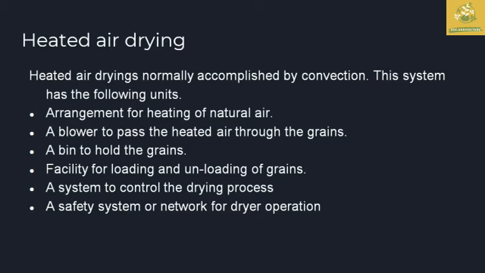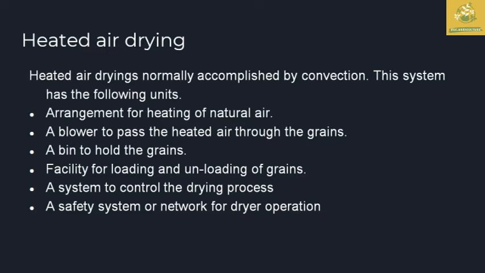The first one is heat air drying, which is normally accomplished by a convection process. These are the units used for heat air drying. An arrangement for heating natural air is needed, and a blower passes the air so that hot air can pass through the grains. A bin is used to hold the grains, and facilities for loading and unloading of grains are required.